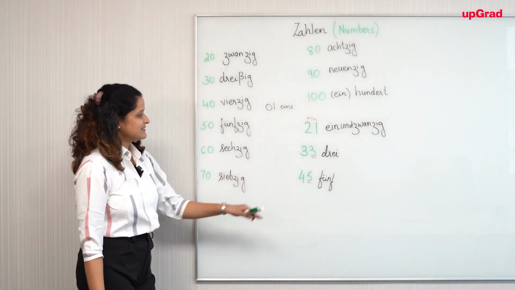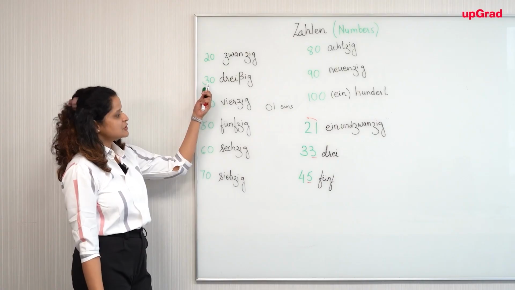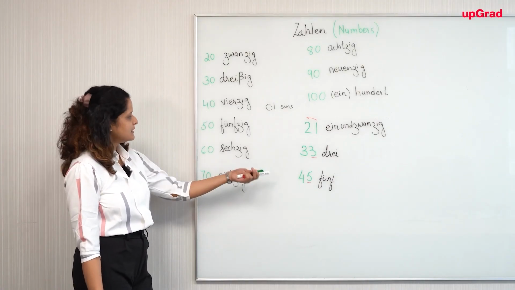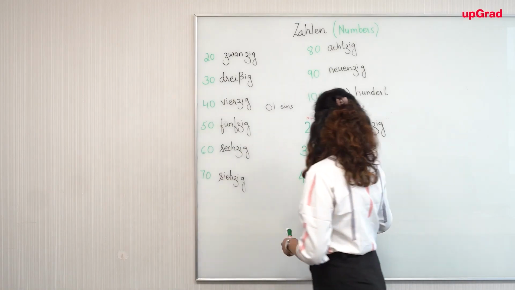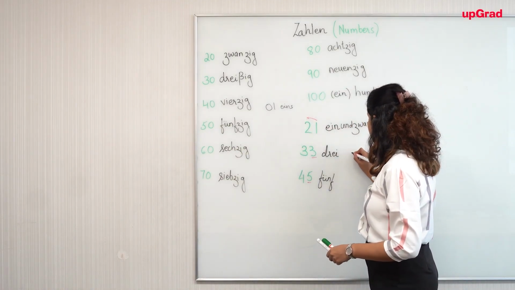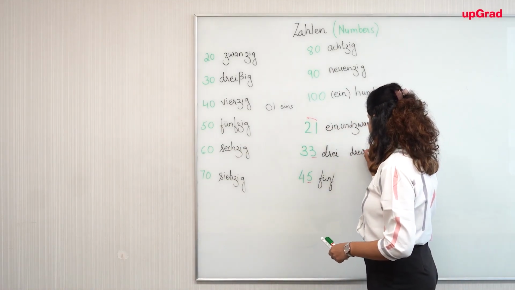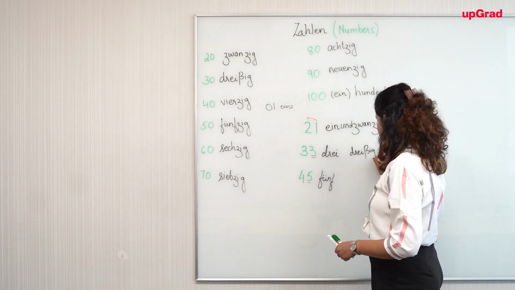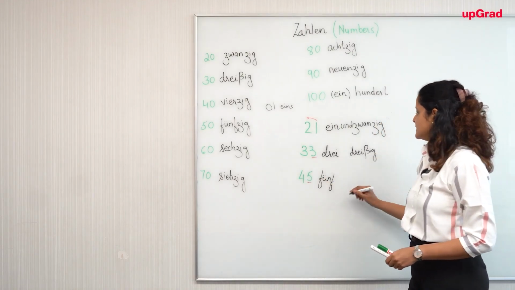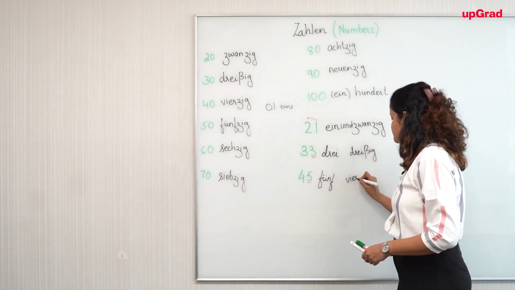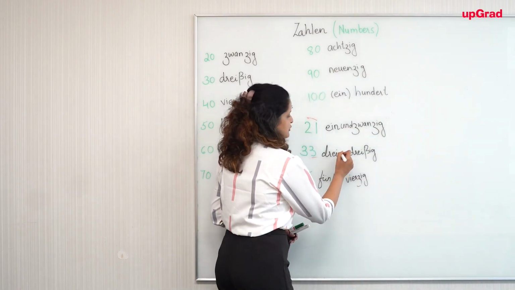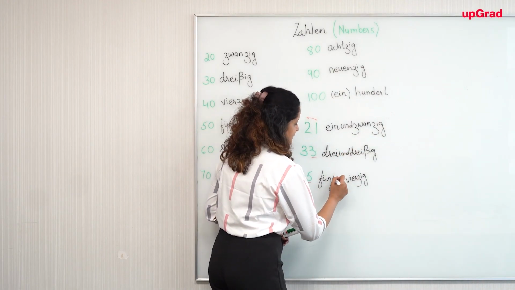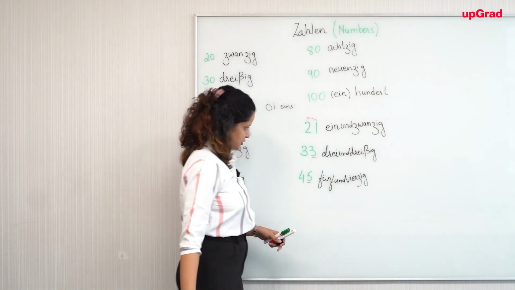So you need to look at the number of that series, which is 30, and 40, which is 40. So you combine this number with 30. You combine this number with 40, and at the end, just put und here, which is 'and', and you get your 2-digit number.